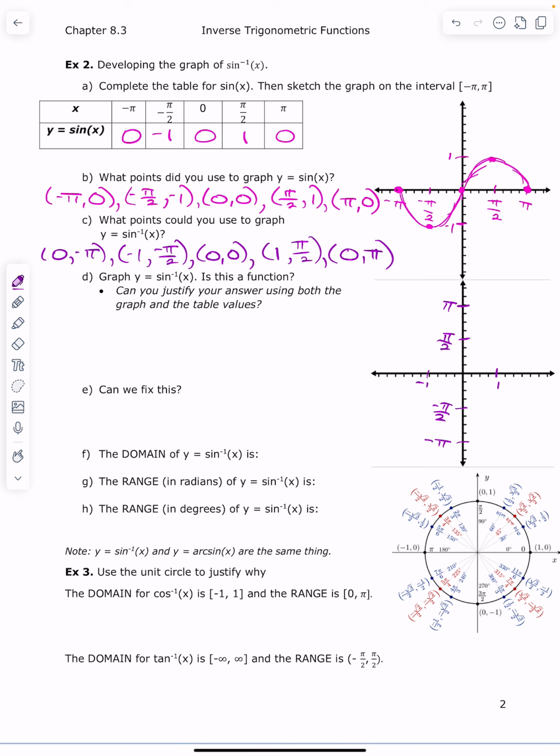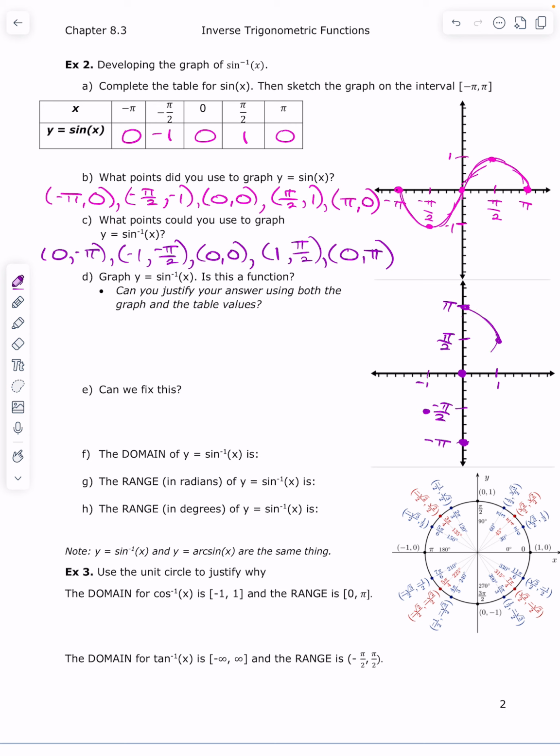Okay, so let's graph 0, negative pi; negative 1, negative pi over 2; 0, 0; 1, pi over 2; and 0, pi.